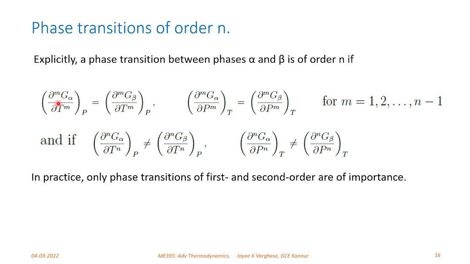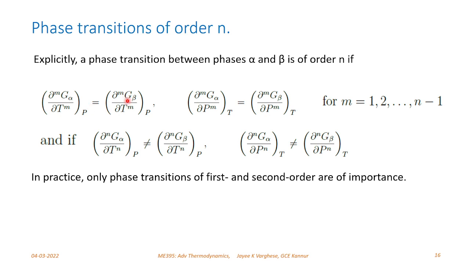So the mth derivatives will be equal. That means the Gibbs function of alpha and the Gibbs function of beta will be the same across this temperature and pressure, as long as each is independently kept constant.